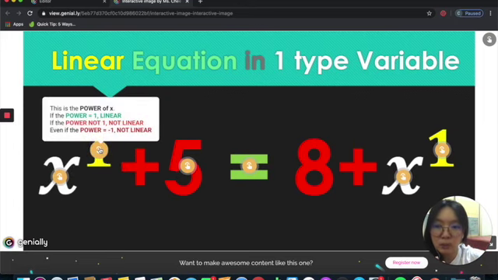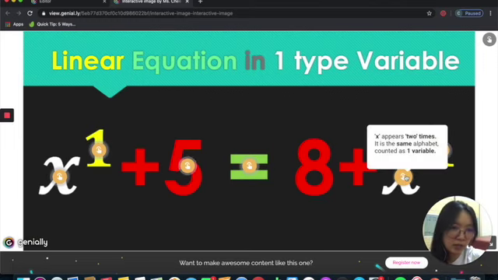If the power is 1, we call it a linear equation. If the power is not 1, that means this equation is not linear. Even if the power is -1, it is not linear. And the last one here, x. If x appears 2 times, but it is still the same alphabet, still x, so it is still counted as one variable.